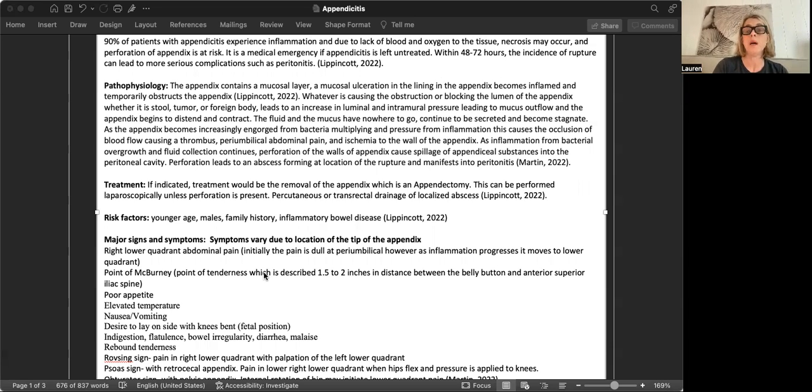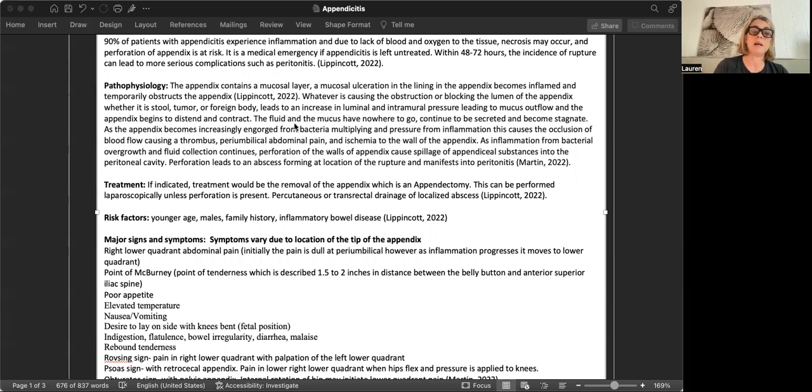This leads to mucus outflow into the appendix, and this is where it becomes distended and begins to contract. The fluid has nowhere to go, and it continues to be secreted and becomes stagnant.